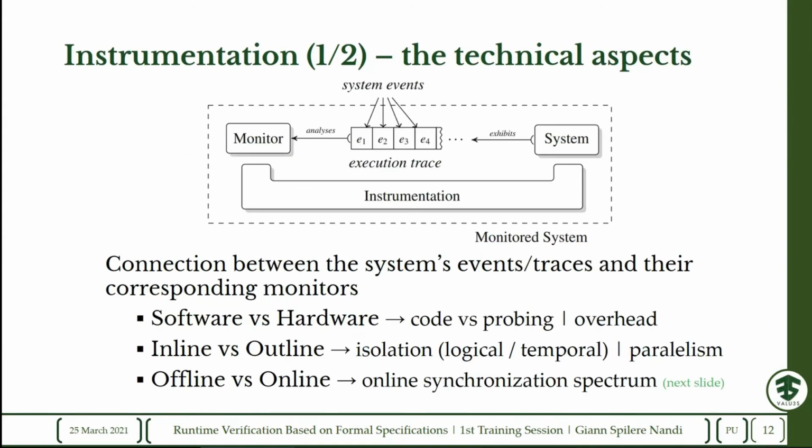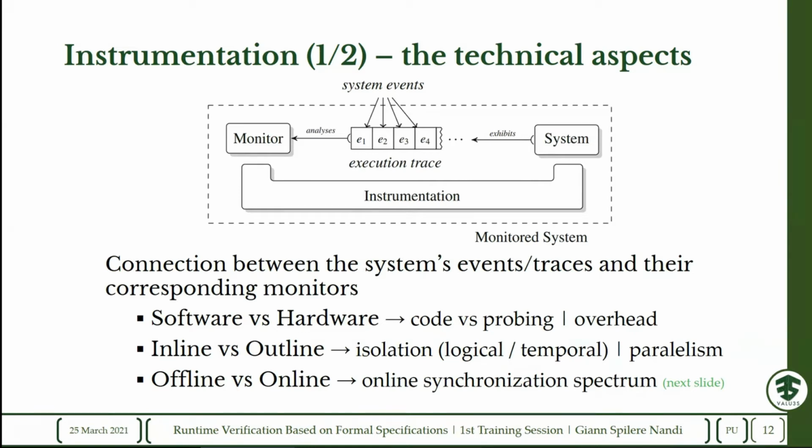This picture over here gives a clear idea of what we saw so far. So we saw that a system exhibits events and traces, and the monitor analyzes it. The thing that I was missing is how we connect the two, and that's when instrumentation comes into play. So basically, what instrumentation does is connect systems and monitors.